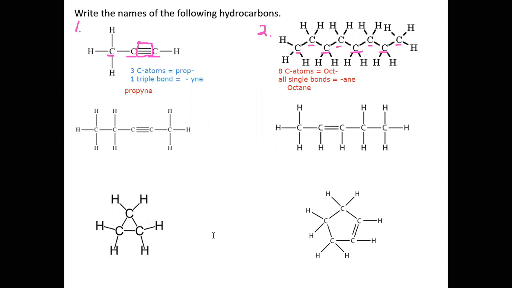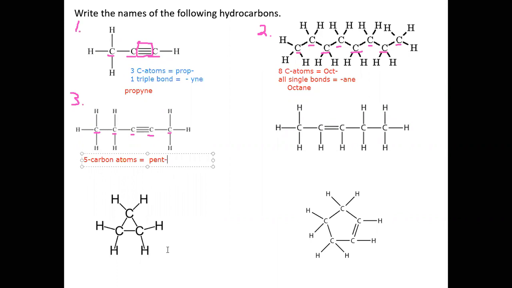Now let's look at a more elaborate one. We look at number 3. Here we have 1, 2, 3, 4, 5. So we have 5 carbon atoms, so we use the prefix pent.